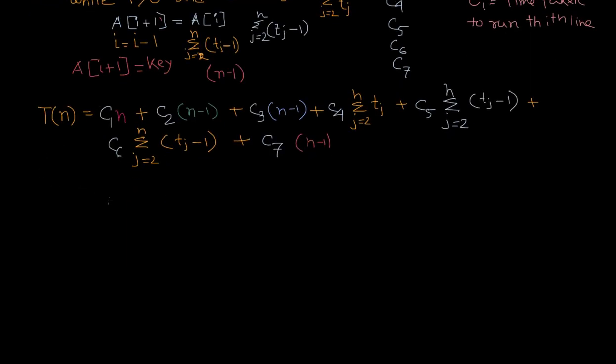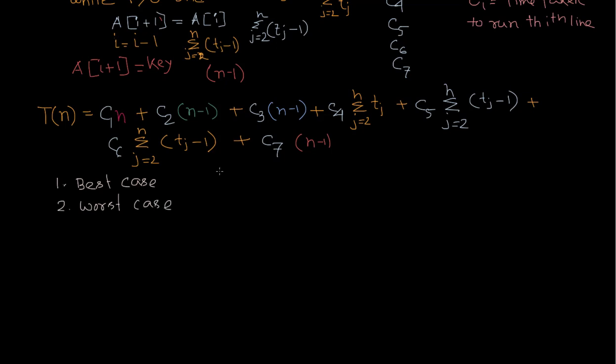Okay, so because of this tj, we will have two conditions here. One is the best case and another is the worst case. I just introduced two new terms, best case and worst case.